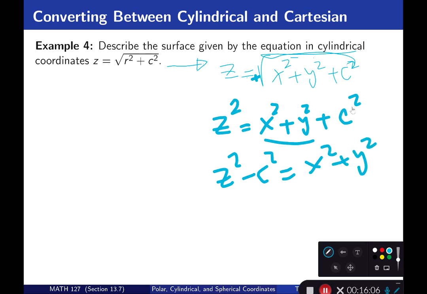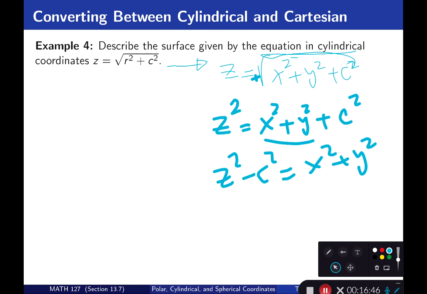Put these two together, take the other one to the other side. From here, I know that z squared has to be bigger than c squared. And this is one of those quadric surfaces: a cone, an elliptical paraboloid, a hyperboloid of one sheet, or a hyperboloid of two sheets.